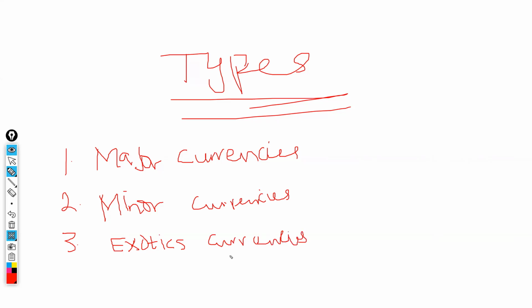So the first we're going to be talking about is the major currency pairs. What are major currency pairs? Major currency pairs simply means currencies which are paired against the American dollar. I'm going to show you an example on our chart.